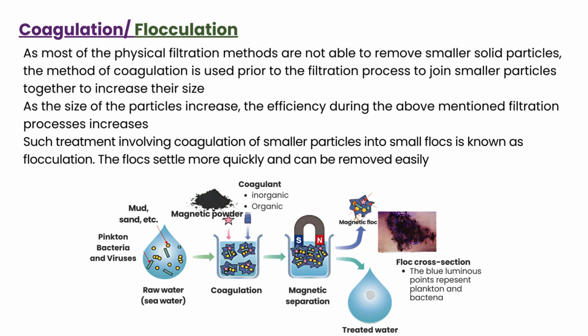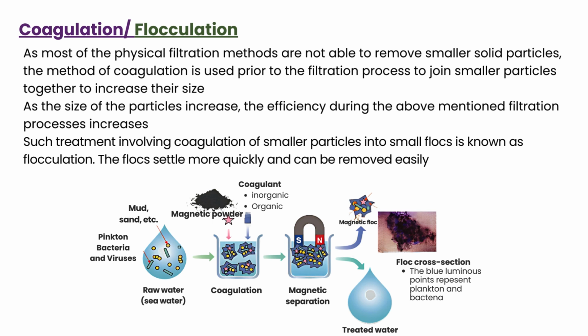Now, mind you, how much chemical dosing has to be done will be mentioned in the manual, and also depends on the quality of the ballast which you are taking. And then the next thing they have said is how they are doing the coagulation and flocculation. The coagulant is inorganic or organic.